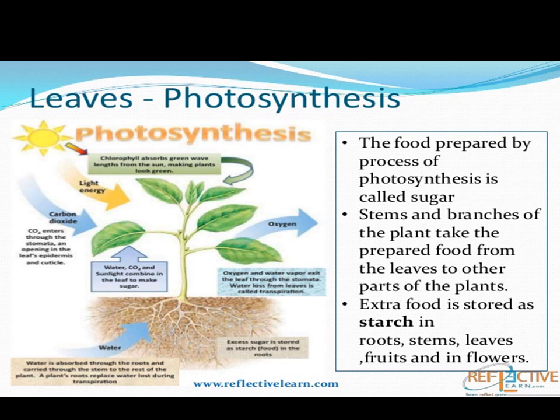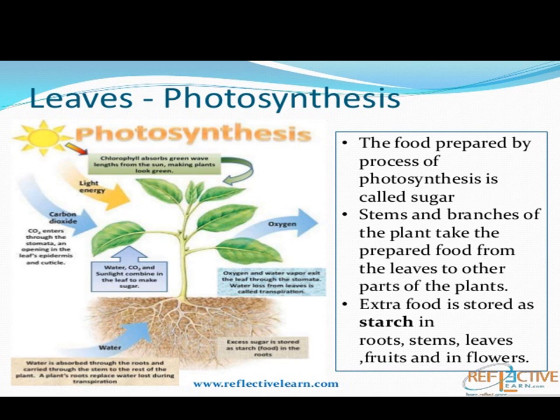So the extra food is stored as starch in the root, stem, leaves, fruits and flowers. Children, sometimes you eat the root of a plant, you eat stems of the plant, leaves also of a plant, fruits and even flowers of the plant.